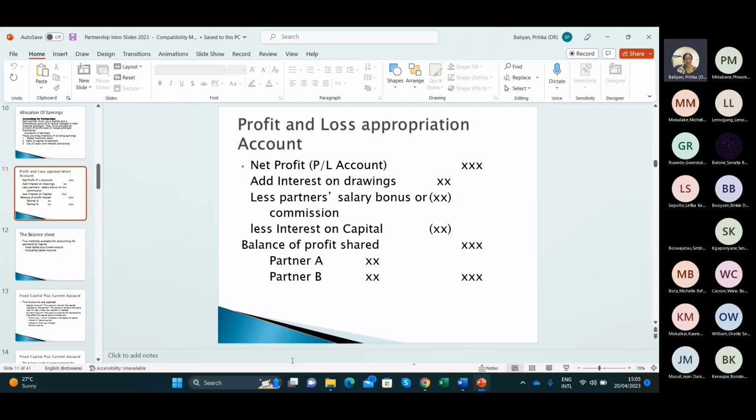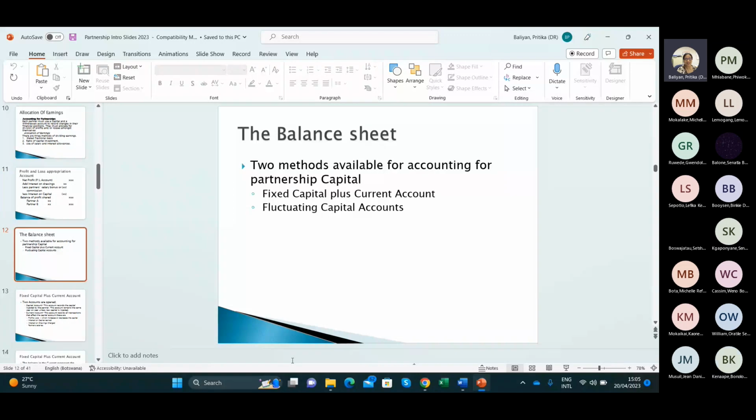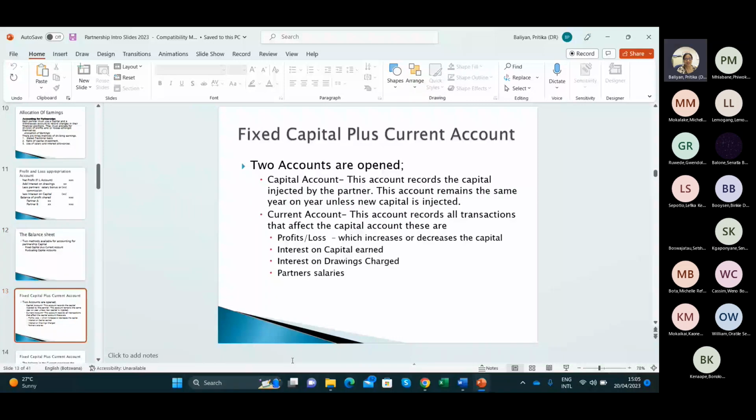And the balance sheet can be prepared in two forms, either fixed capital plus current account, or using the fluctuating capital account. Under the method of fixed capital and the current account, we prepare two separate accounts.